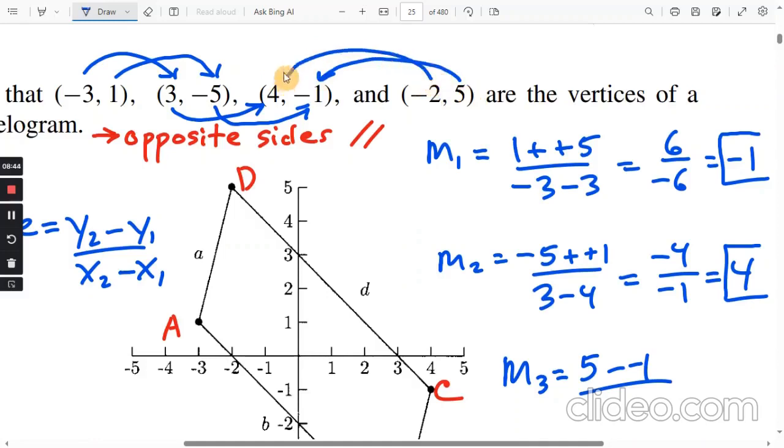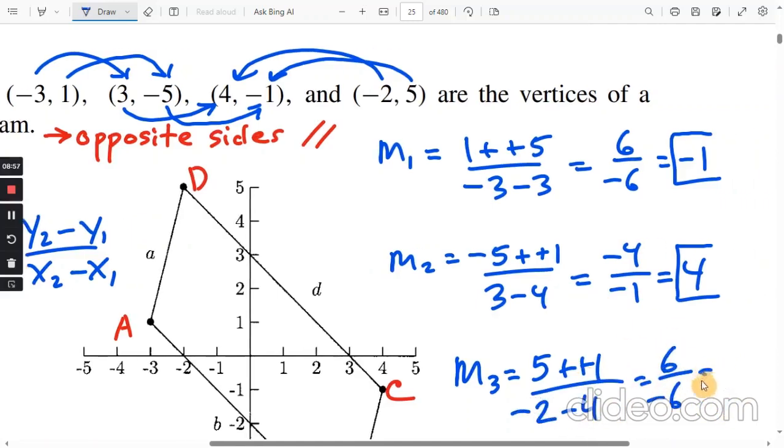Negative 2 minus 4. 2 negatives make it positive. 5 plus 1 is 6. Negative 2 minus 4 is negative 6. And that equals negative 1. So far, so good. We have negative 1 matches negative 1.